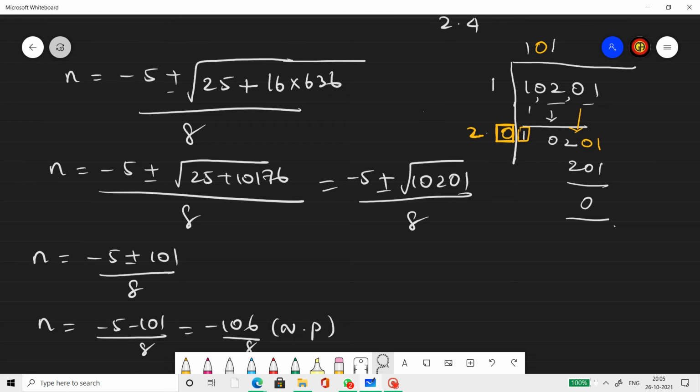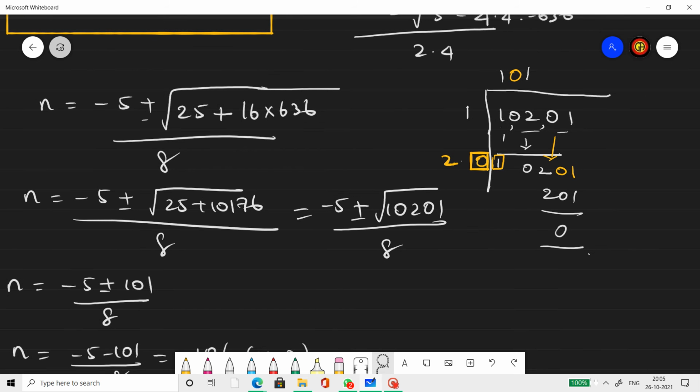Now, let's find the square root of this number by the long division method. You can find it by prime factorization also, but I think anyway you have to learn the square root, so that will come handy always. So 10,201 square root. In order to find a square root of the number, take the number, split the digits into two terms from the right towards the left.